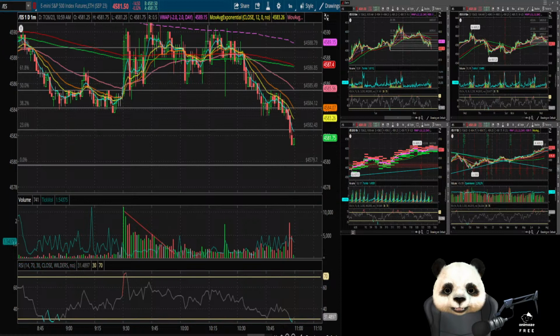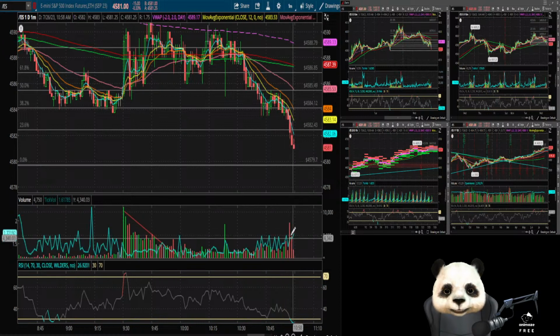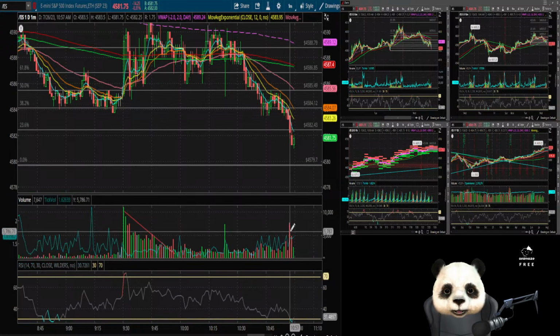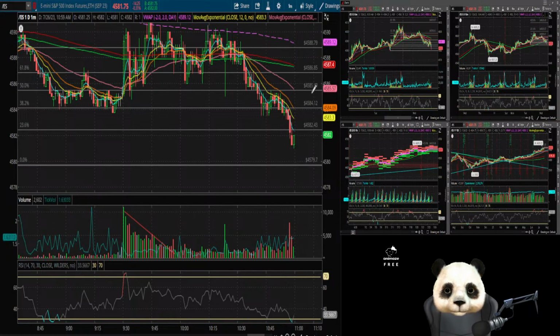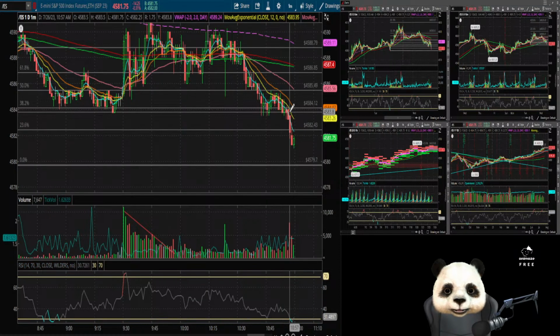What a day to trade. What a day to be alive. Definitely seeing some volume pickup, which is a pretty good sign. And we're still going lower, so that's some strength down. Not looking too reversally, or at least not yet. Still having more volume.